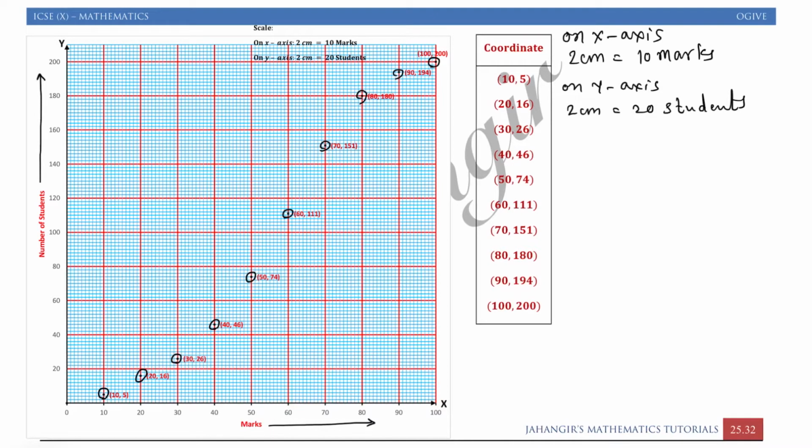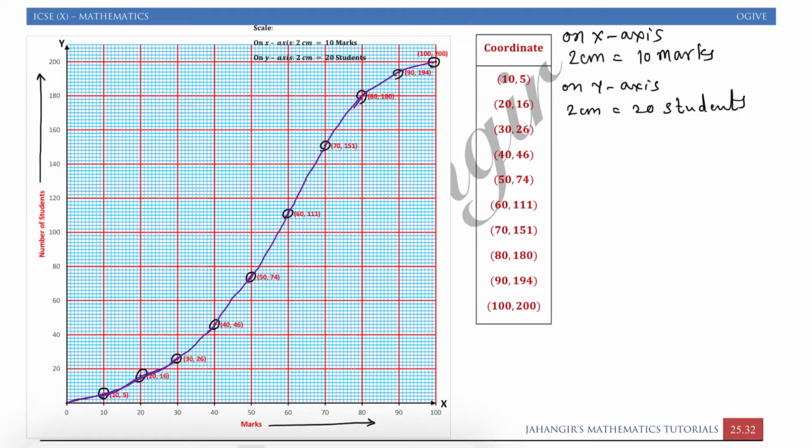Okay, once the coordinates are done, you have to make a smooth graph. This is the smooth graph which gives us the coordinates. Just join it with the coordinates.